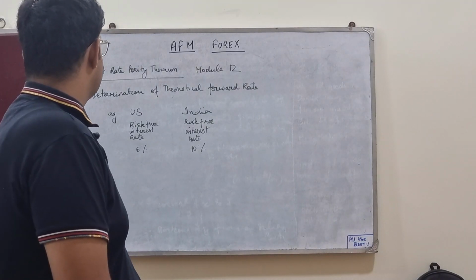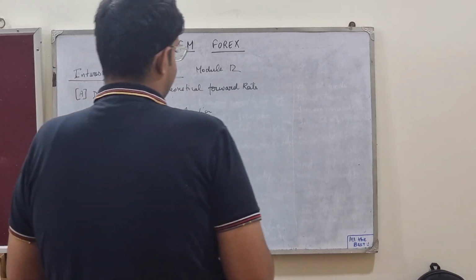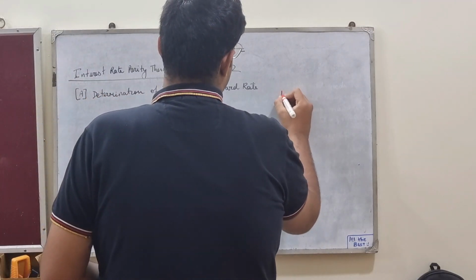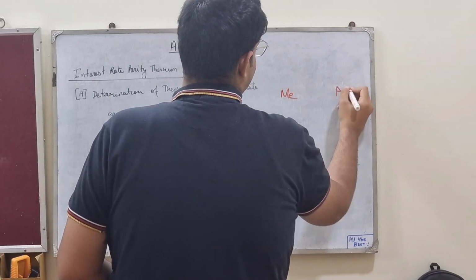So basically what the theorem says is, for example, this is me and then this is Angelina Jolie.